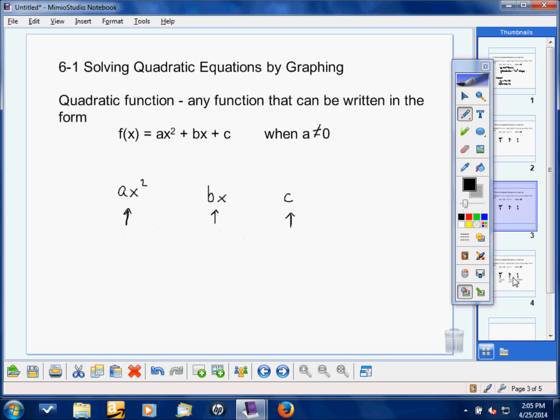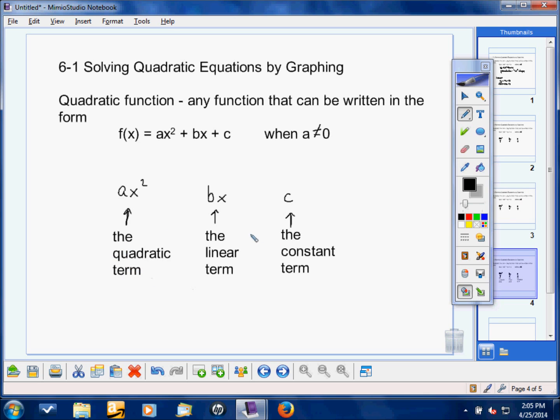The quadratic term, the linear term, and the constant term. And part of the very beginning questions ask you to put them in this order. So you've got a squared part and a linear part and another one, and then to identify each one.